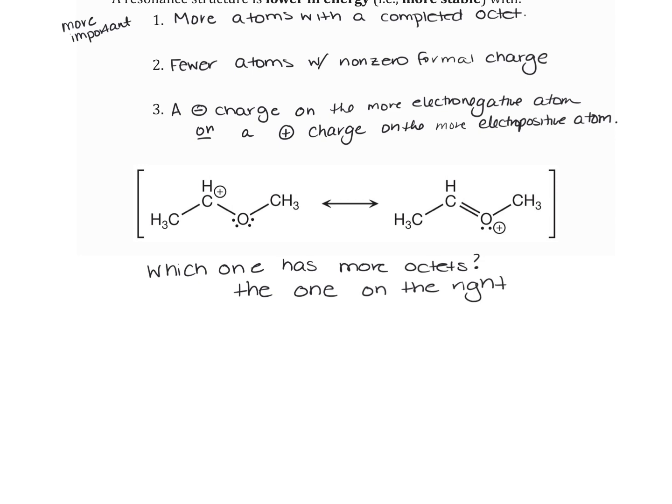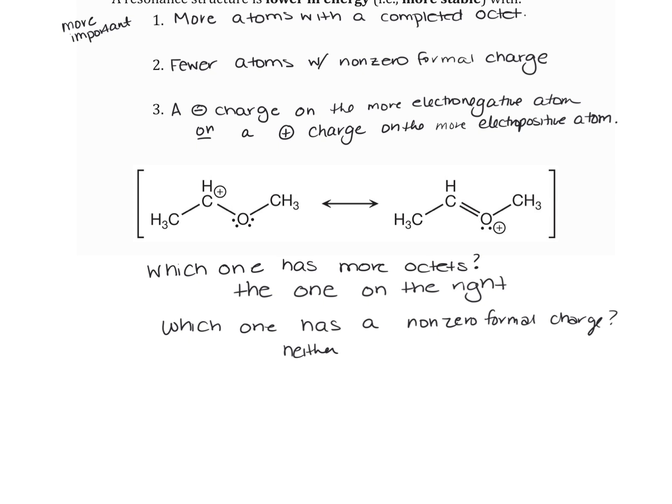And then we're going to ask ourselves the next question, right? Which one has a non-zero formal charge? And the answer is neither, right? Both have a positive one formal charge. So we can't use that to discern which is the major contributor or the minor contributor.